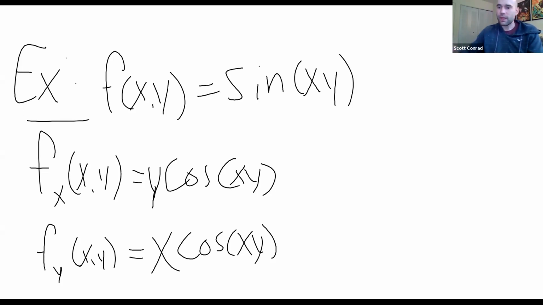And then just for practice, let's do one more, say, slightly complicated example.